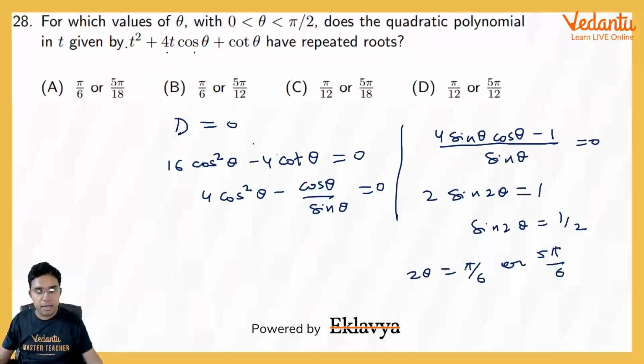So for theta, it will be pi by 12 or 5 pi by 12. So pi by 12, 5 pi by 12, the answer is D. I think this is a very easy question, similar to that sine 7x plus sine 3x one. I think it is even easier. There we had to solve two times. Here I think just once.